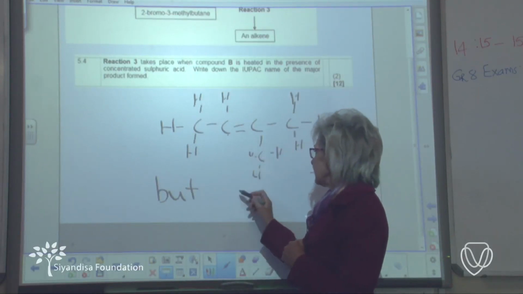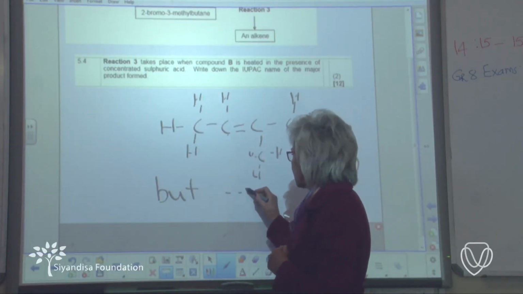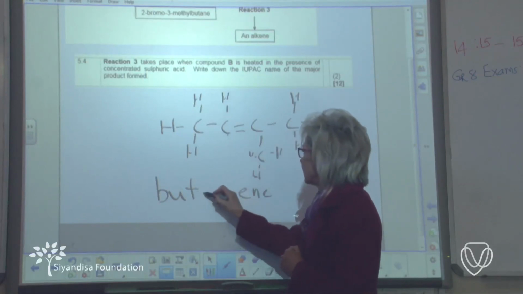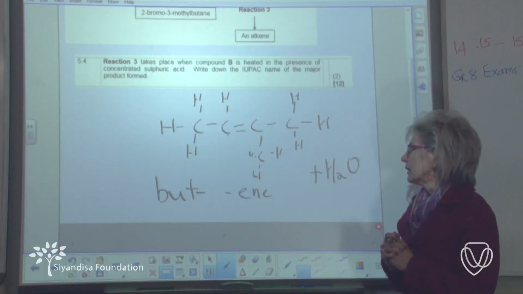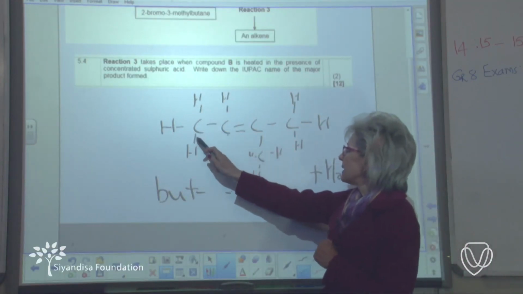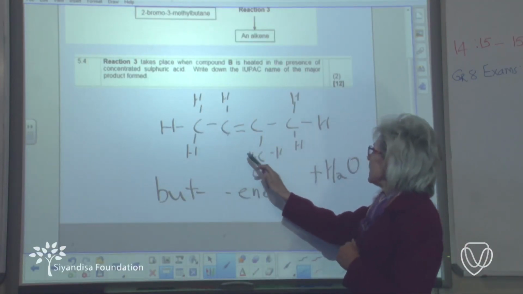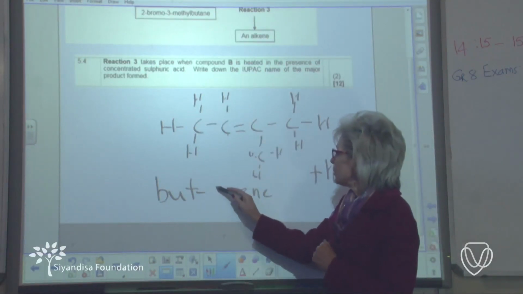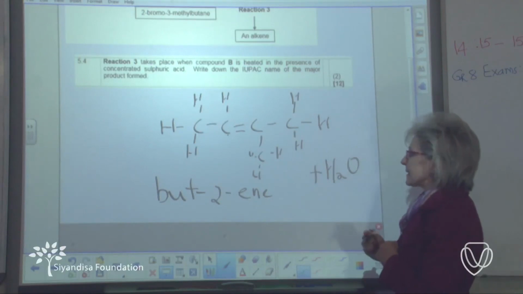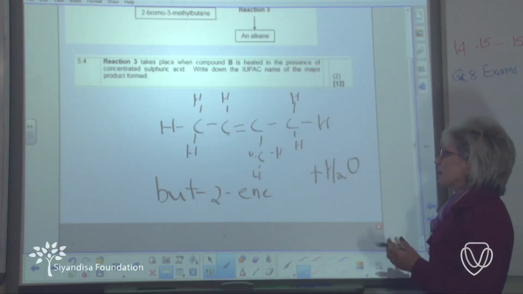It makes it -ene. I need to say on which carbon is the double bond. Now, if I count from this side, it's on carbon 2. If I count from this side, it's on carbon 2. So it's but-2-ene. And then I simply need to add where is the methyl group.